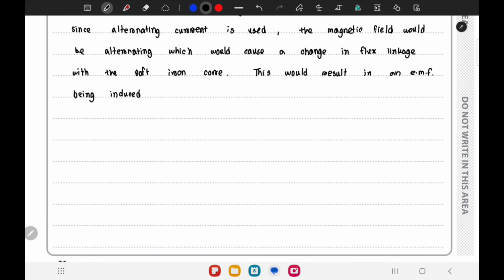So we talk about the EMF first and then talk about the current. In such cases, the EMF is an important point.